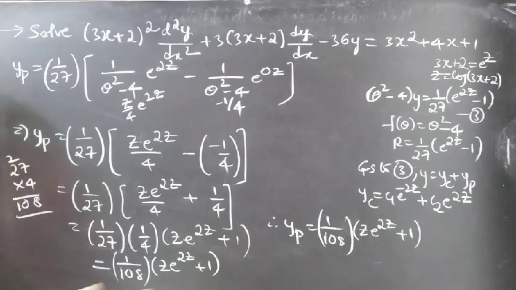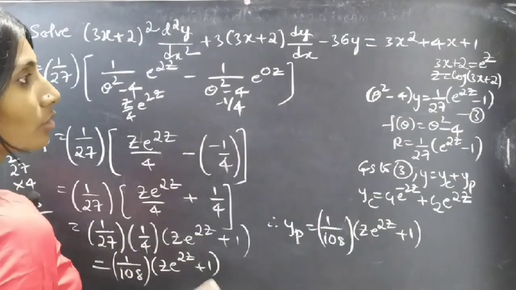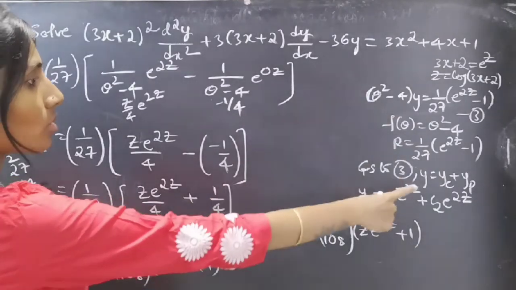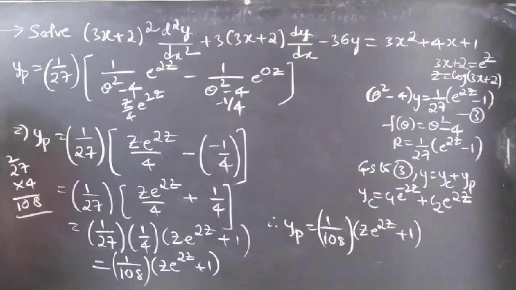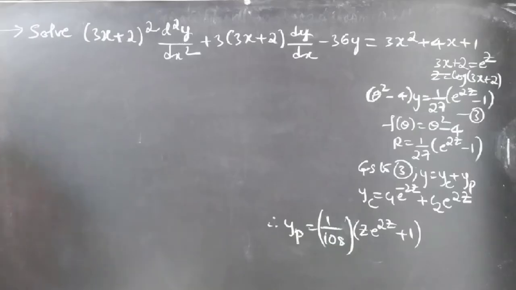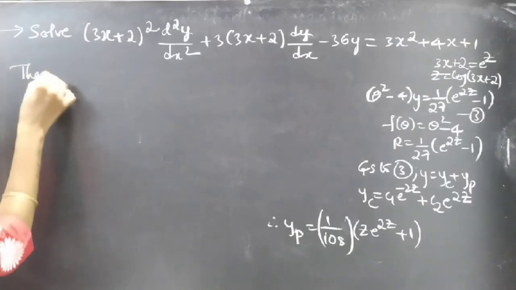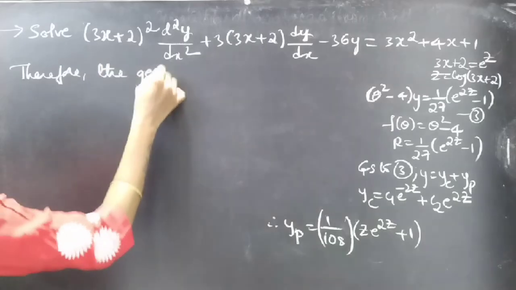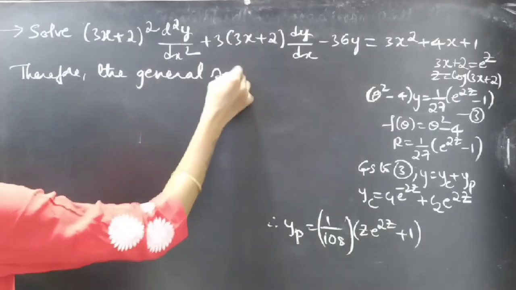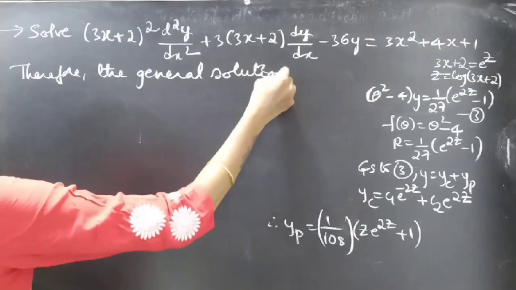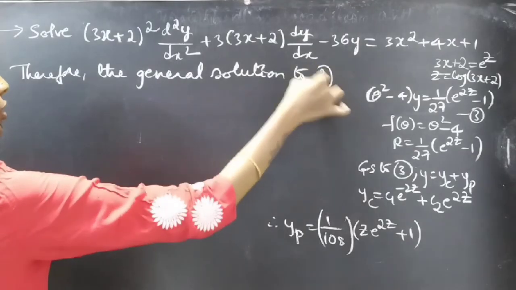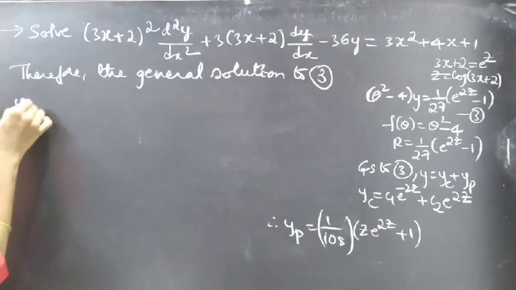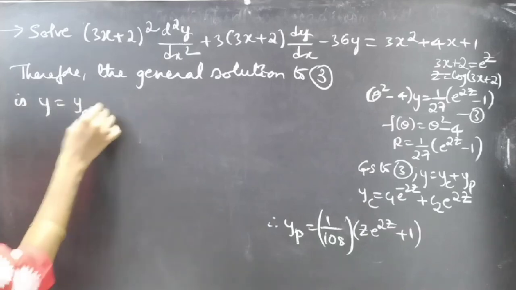So we got yc and yp. Let's now find the general solution to equation 3, which is given by y equal to yc plus yp. Therefore, the general solution to equation 3 is given by y equal to yc plus yp.